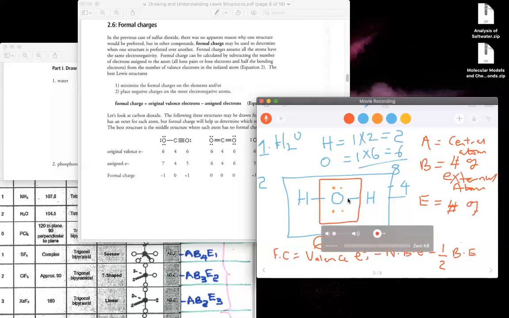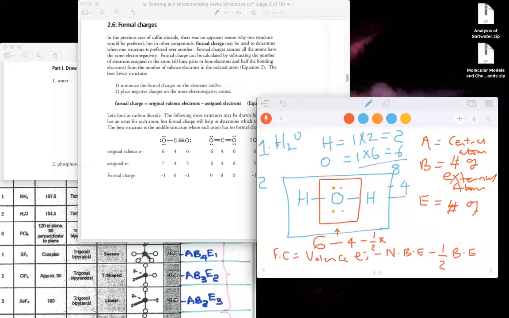If you look at the bonding, there is a bond here and a bond there. Each bond has 2 electrons, so a half of 4. When you cancel that 2, it's going to be 6 minus 6, and this will give you 0. This is 0, and this is the formal charge of oxygen in this case.